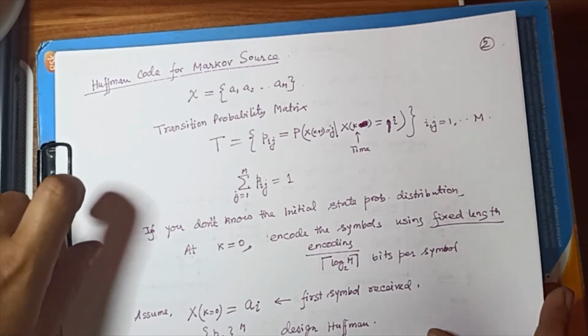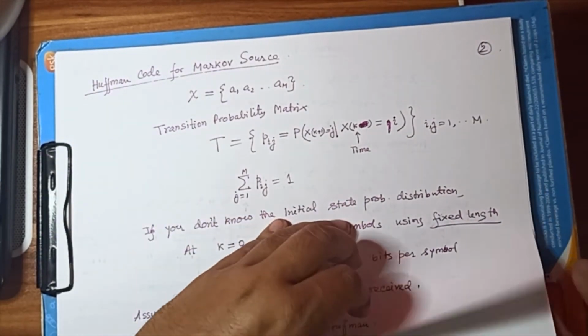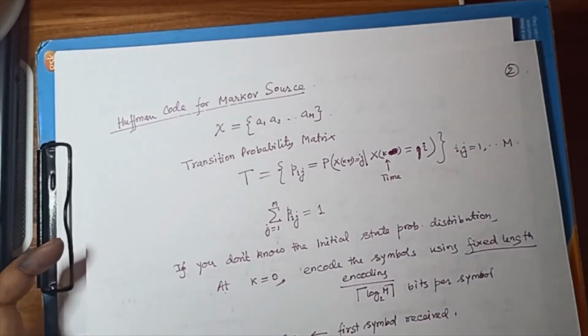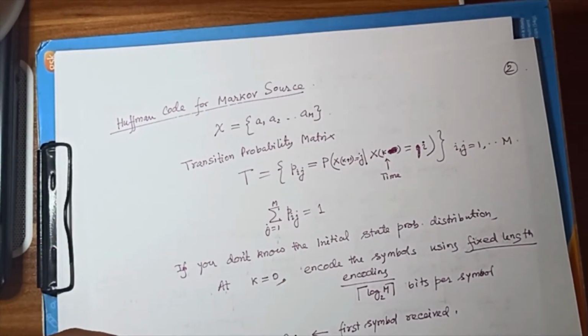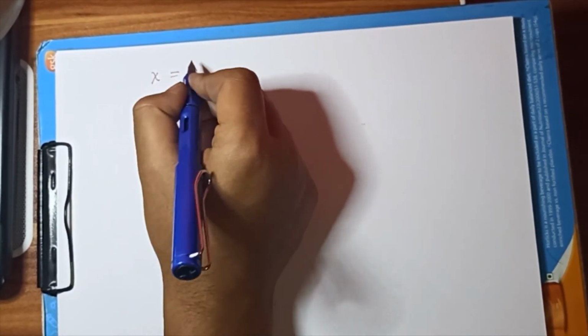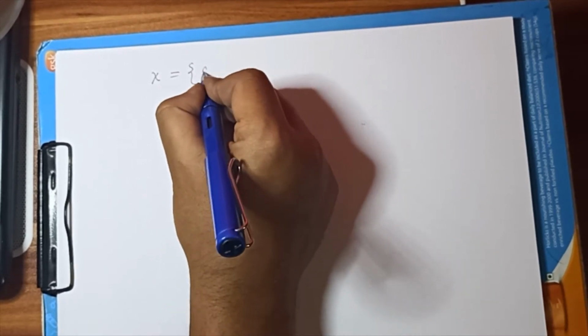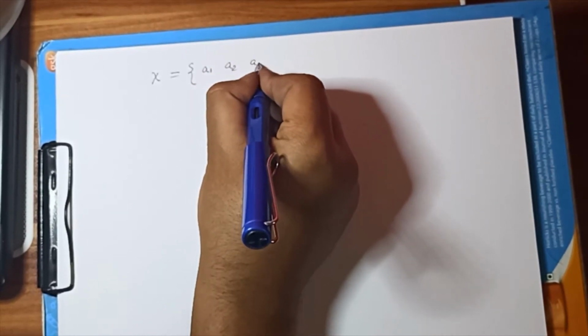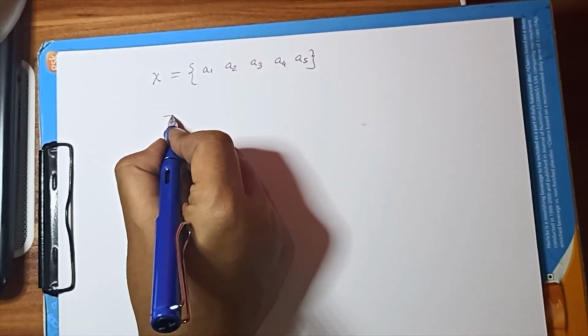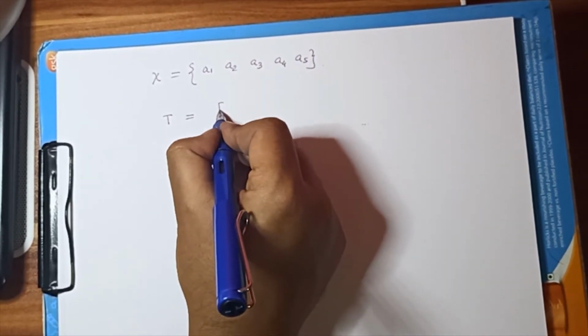So I'm giving you one quick example, so that it will be much clearer how you can go for Huffman encoding for a stationary or Markov source. I'm taking, say, an alphabet with 5 symbols, A1, A2, A3, A4, A5. So for 5 symbols, my transition probability matrix will be 5 cross 5.